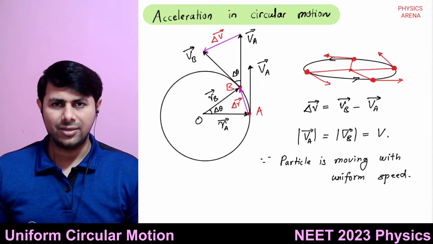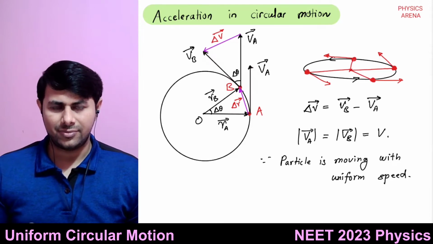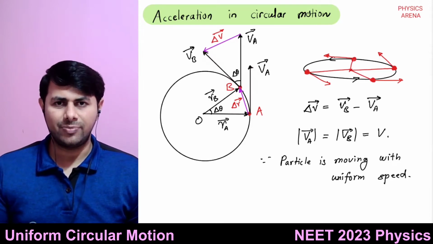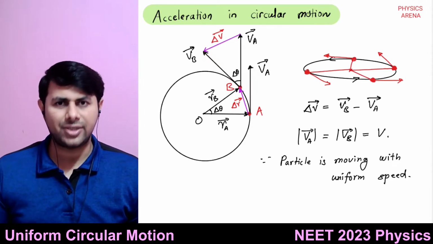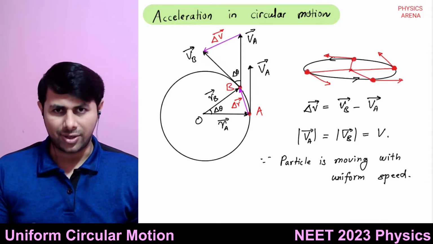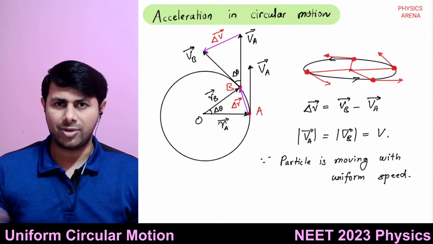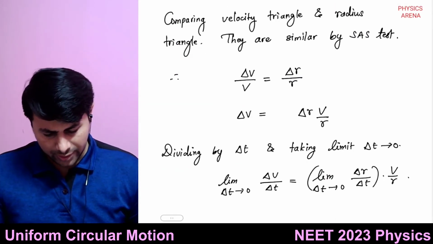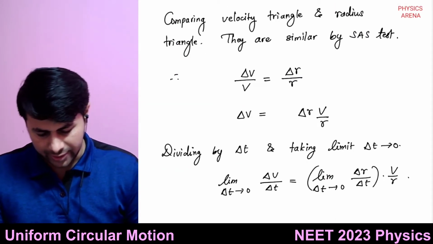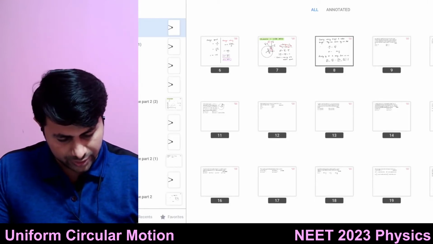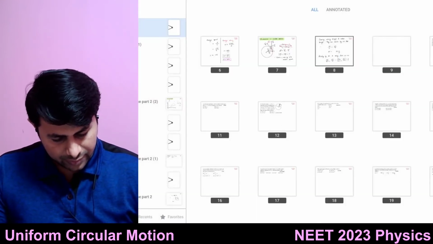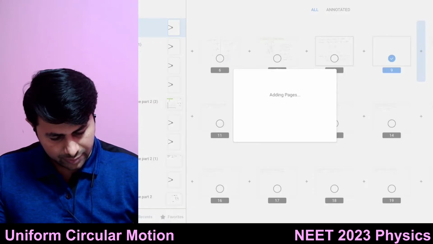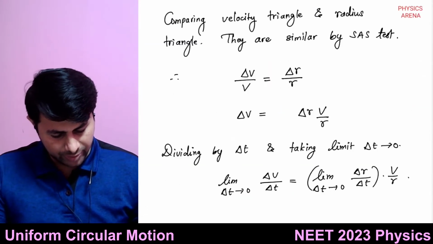What is changing? Only direction is changing. So this acceleration is purely due to change in direction of velocity. We are talking about uniform circular motion, right? And how much is that?